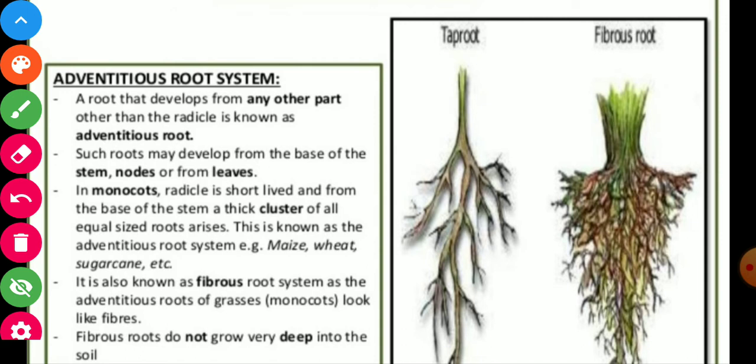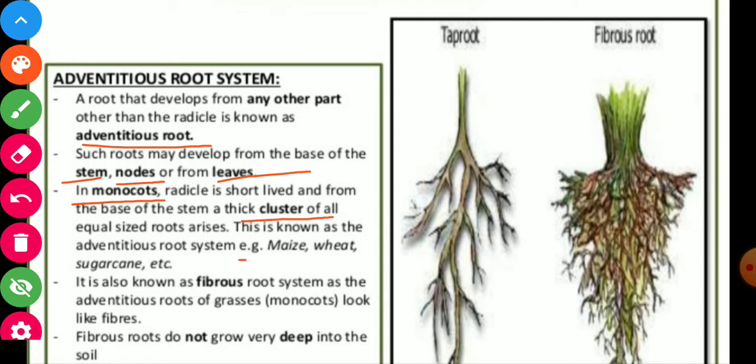Second is the adventitious root system. This develops from other parts of the plant, not from the radicle. They can originate from the stem, nodes or leaves. This is a characteristic of monocot plants. They are found in the form of clusters.